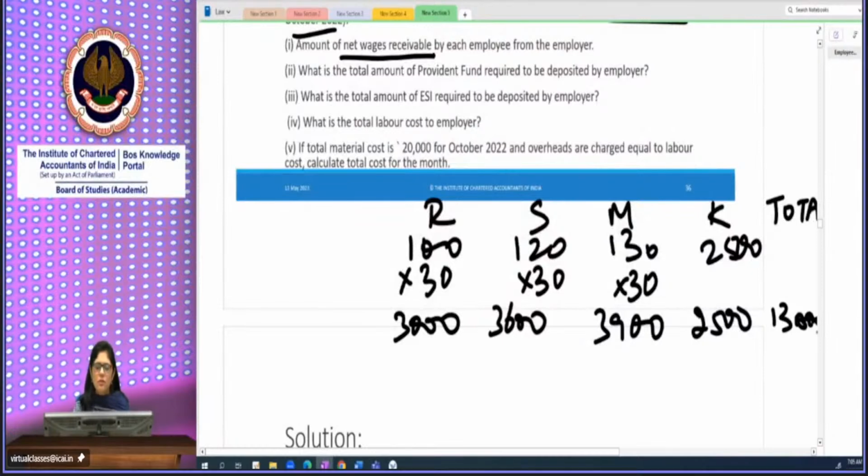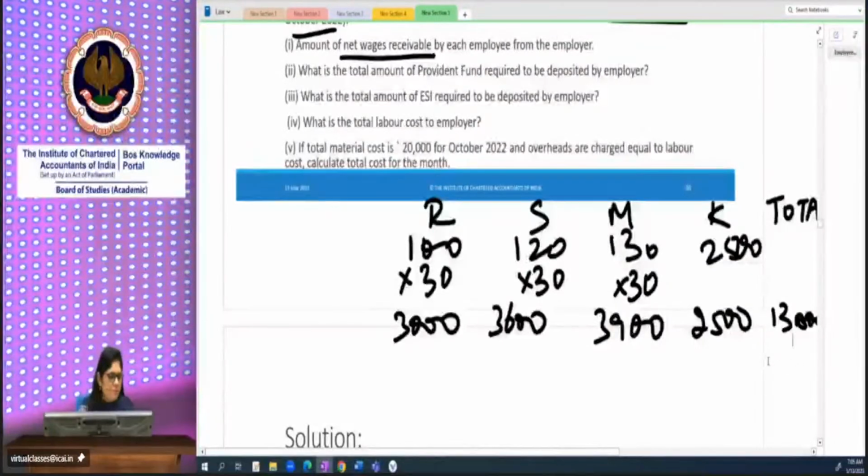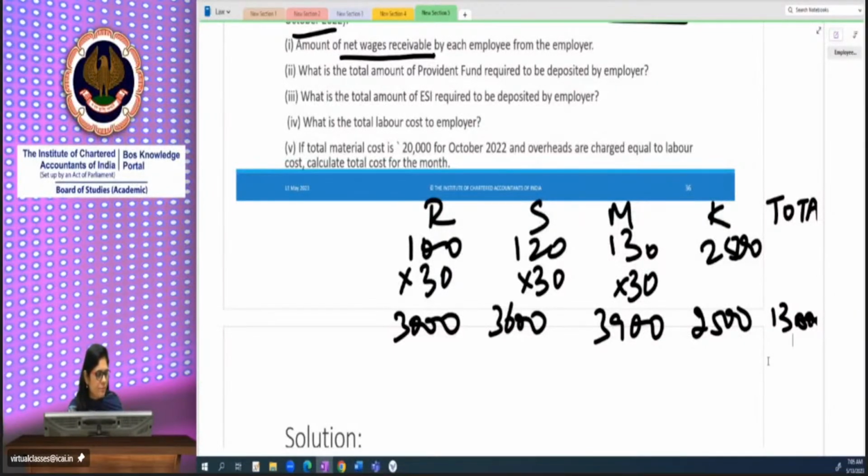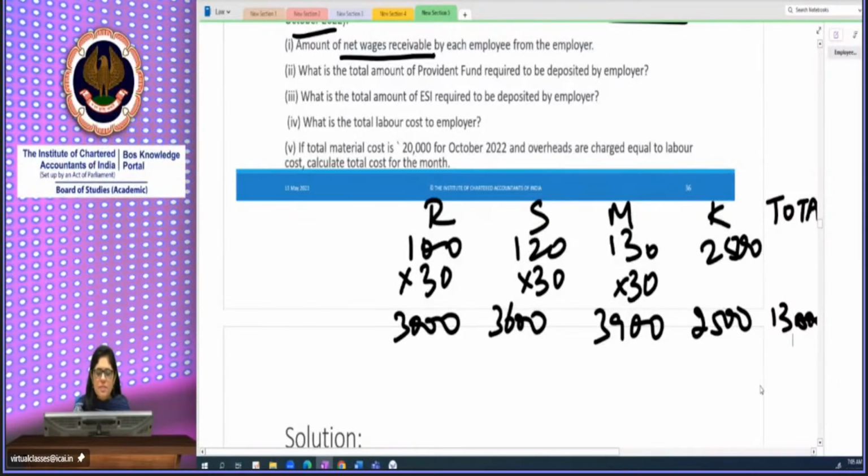Total wages are 13,000 here. I hope you have understood this much. These are the gross wages we have calculated.